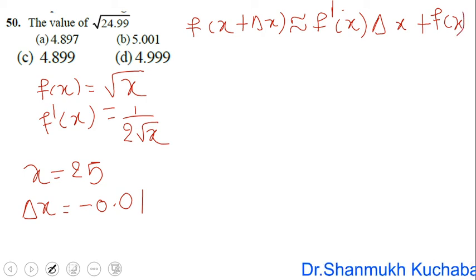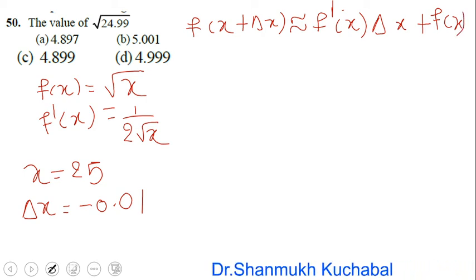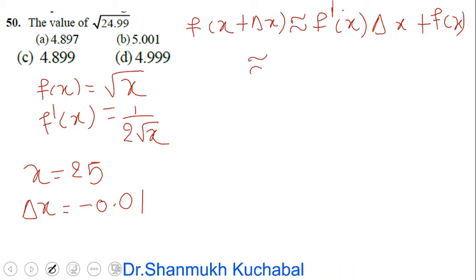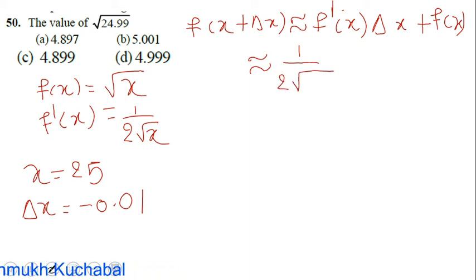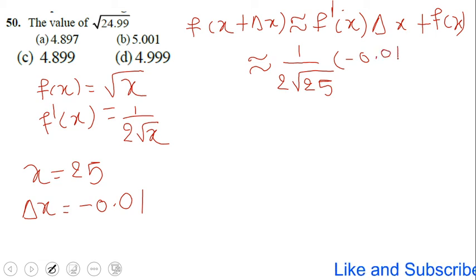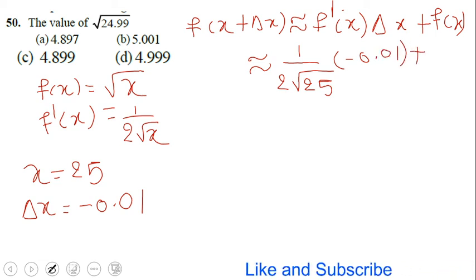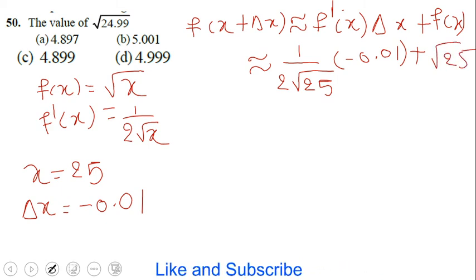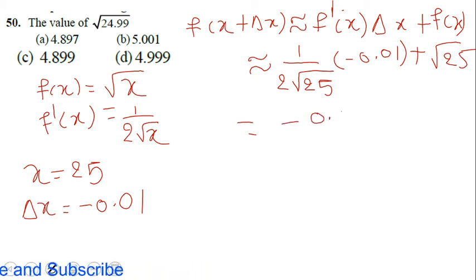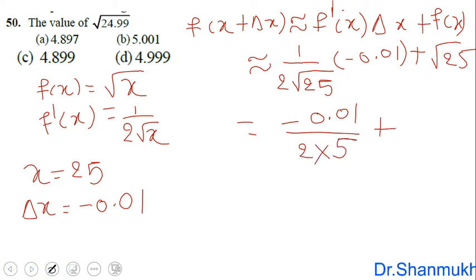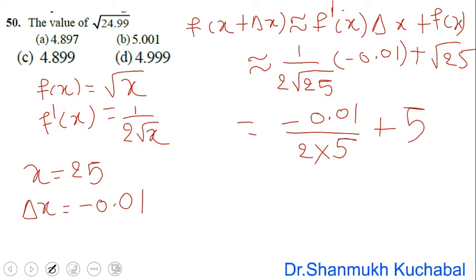On the RHS, it is nearly equal to f dash of x, which is 1 by 2 root x, where x is 25, and delta x is the difference, minus 0.01, plus f of x, which is root 25. Simplifying, the numerator is minus 0.01 and the denominator is 2 into root 25, which is 5, plus root 25, which is 5.